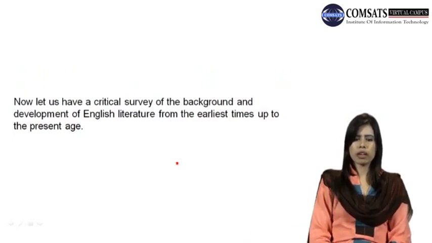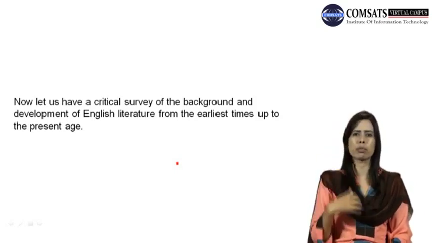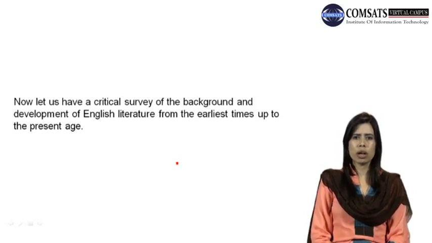Now let's have a critical survey of the background and development of English literature from the earliest times up to the present age. So we'll take a critical survey of all the eras, although it is not possible to cover all the eras in one lecture, because we'll give proper time to all ages, to all periods.